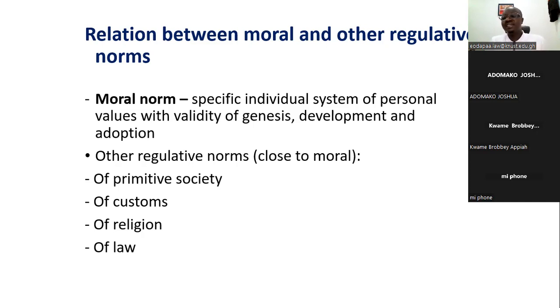Primitive society, that is, sociologically, those societies which are not sophisticated in terms of the kind of civilization that we have. Over there too, they have some form of regulating themselves. So there are some regulatory norms over there, and to some extent they also serve an equivalent role to what we are talking about.